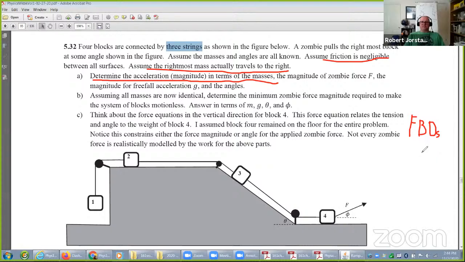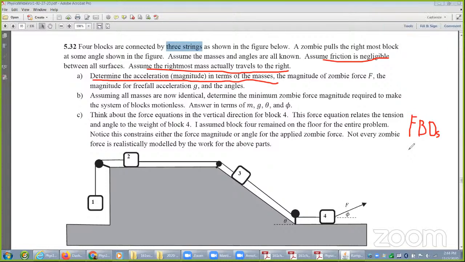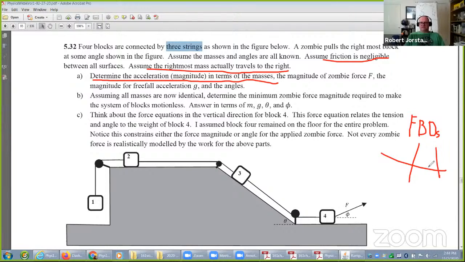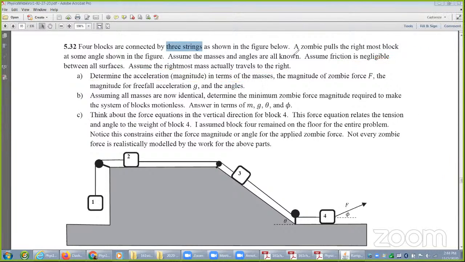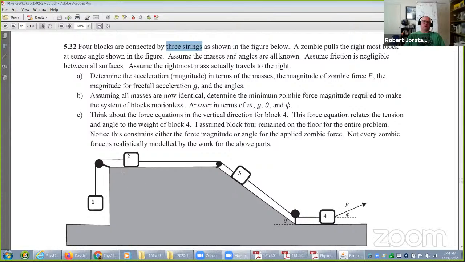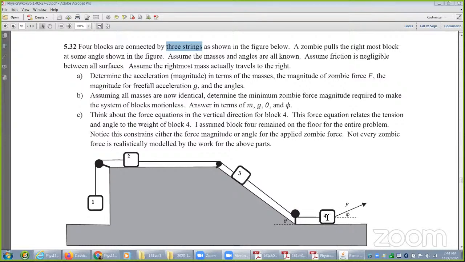So in each FBD, what's something you need to specify so you could write force equations? Like subscripts? Yeah, or coordinate systems, right? Okay. So yeah, that will give you your subscripts, etc. Or oh, I see. You were thinking of mass 1, mass 2, mass 3, etc. Yes, absolutely. That's absolutely true as well.